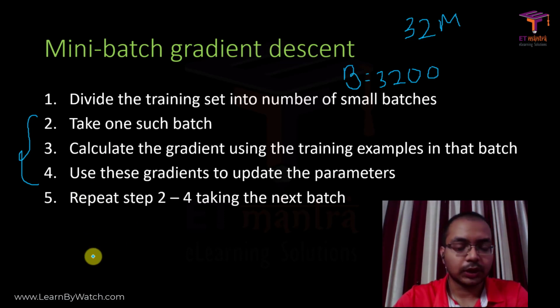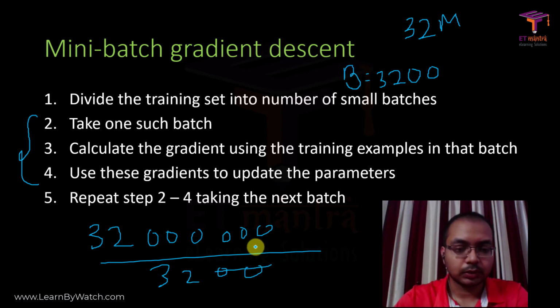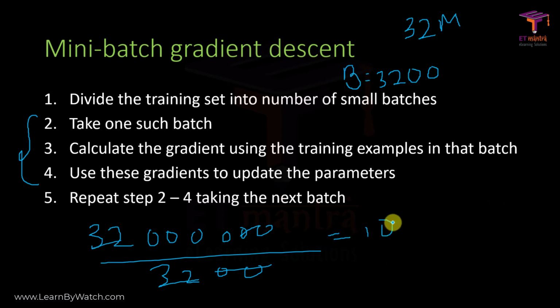So for updation of 1 theta we would need 32 million by 3200 examples, so this comes out to be 10,000 training samples.